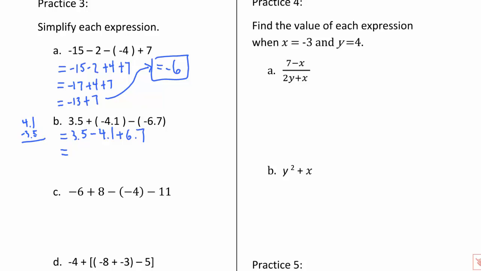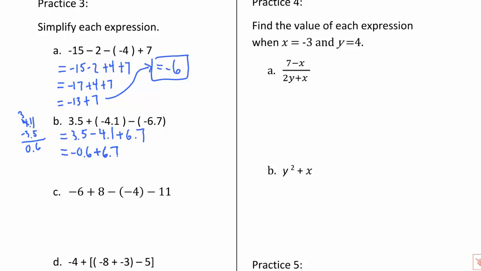So I need to borrow 1 from the 4 here, making that a 3, carry it down here, so that's 11 minus 5 is 6, 3 minus 3 is 0. So it's going to be 0.6, and then look at the signs here. The 4.1 is larger than 3.5, therefore I use the sign of the 4.1, which was negative 0.6.